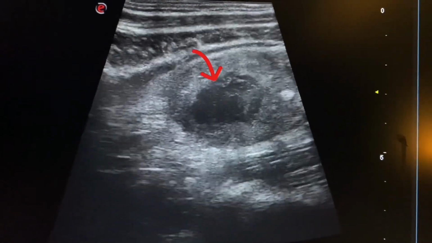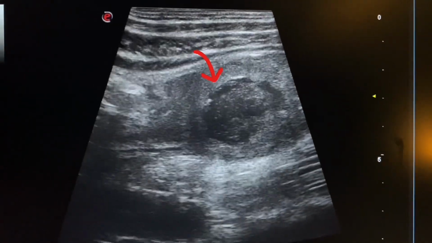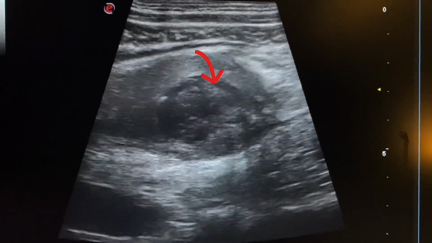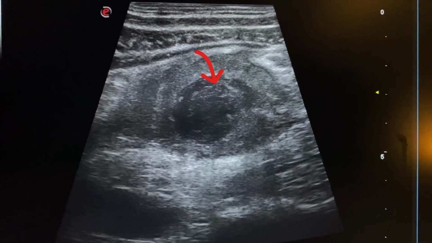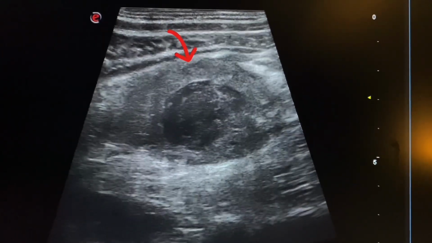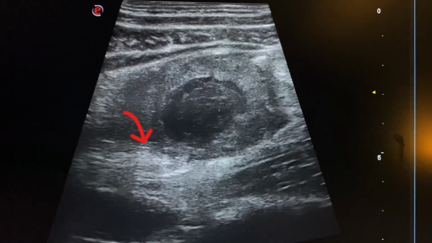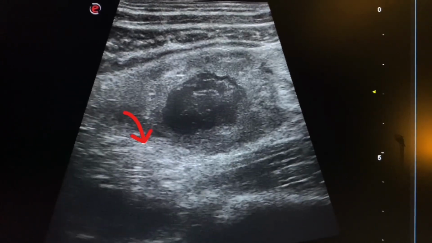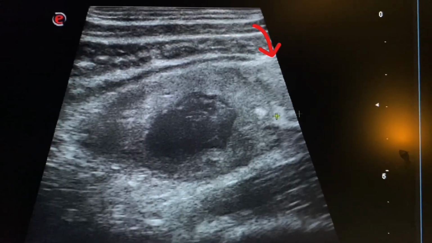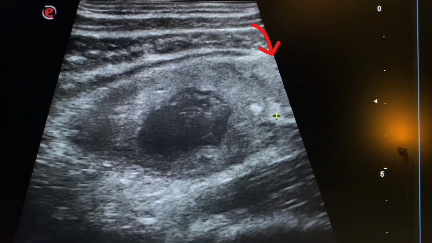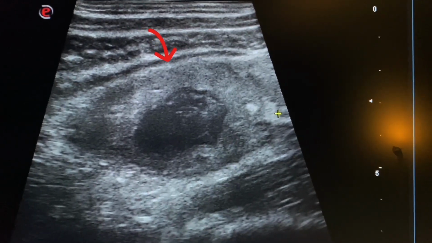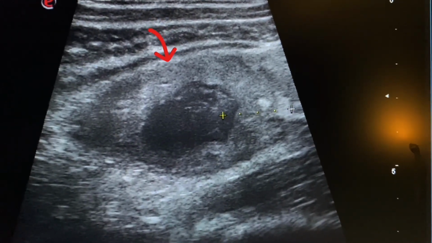This mass has a central hypoechoic structure surrounded by echogenic structure, and also seems like a collection around this mass. And also we see an echogenic area surrounding the mass due to inflammation. Now we measure the size of this mass.